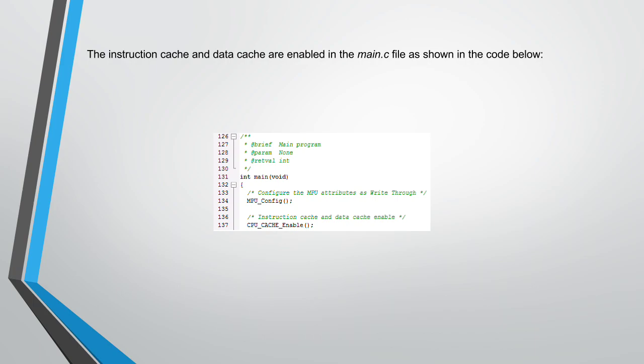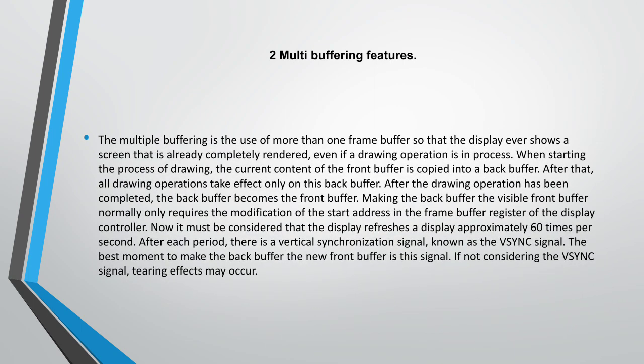The next feature in performance is multi-buffering. Multi-buffering is the use of more than one frame buffer so that the display always shows a screen that is already completely rendered, even if a drawing operation is in process. When starting the process of drawing, the current content of the front buffer is copied into the back buffer.